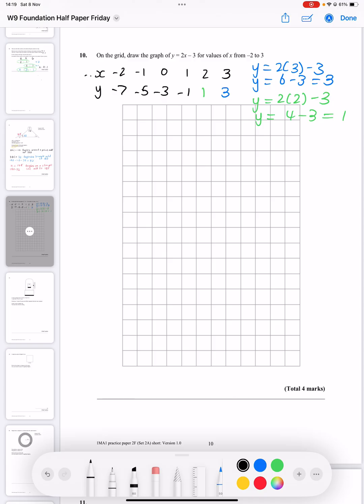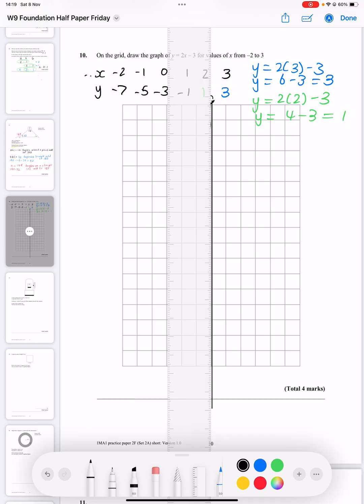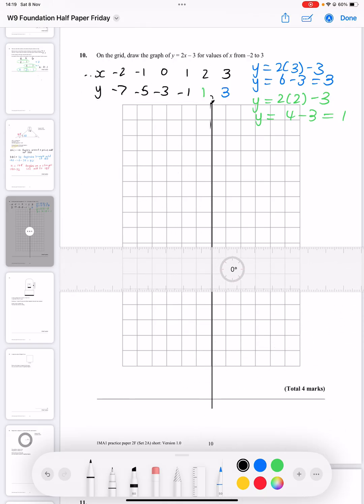Now I'm going to draw my axes. I need to use a ruler. If it's a GCSE paper and we're plotting our own axes, we can check if anywhere along the paper has got a set of axes, and it'll just help us. But if it hasn't, just use the full space that's given to us. That's my y-axis. And that's my x-axis.